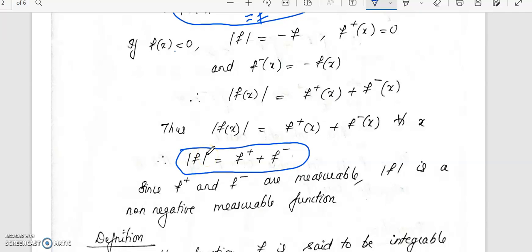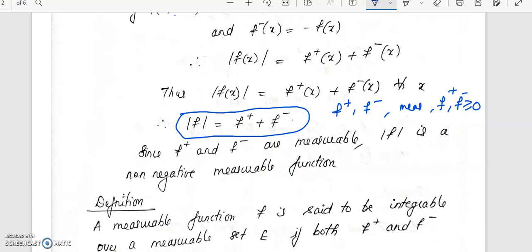And again നമ്മൾ കണ്ടു f plus ഉം f minus ഉം രണ്ടും measurable ആണ്, and both are greater than or equal to 0. So again this will be a non-negative measurable function. So mod f is going to be a non-negative measurable function.